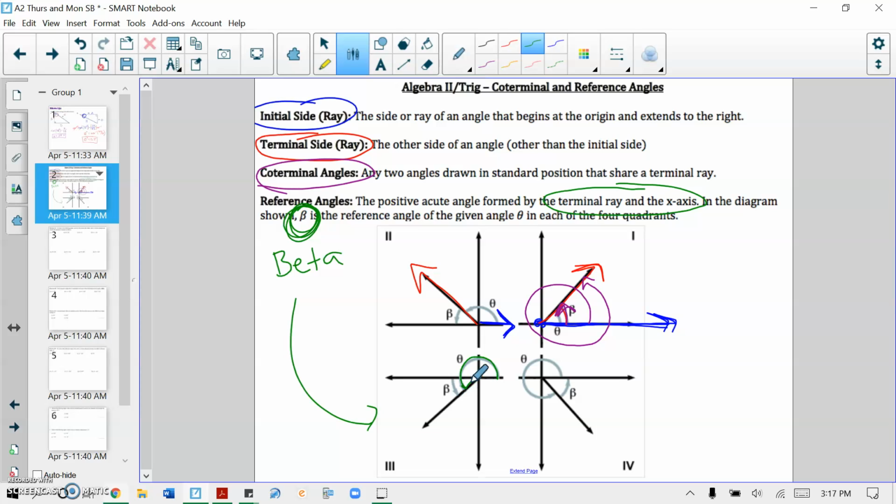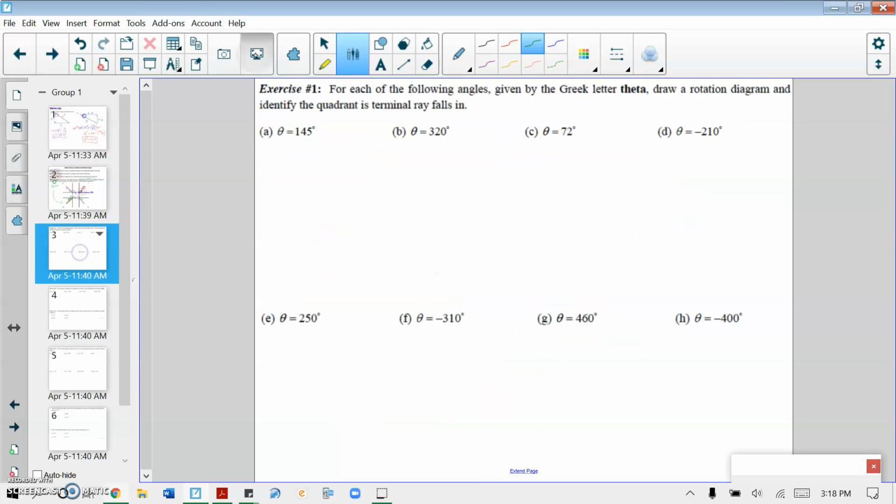So we're saying, what's the acute angle formed by the terminal ray? Using color coding, there's my terminal ray, there's my initial ray. What's the reference angle? The reference angle is just this little piece right here, this beta right here. So we're going to talk about that more throughout this lesson today.